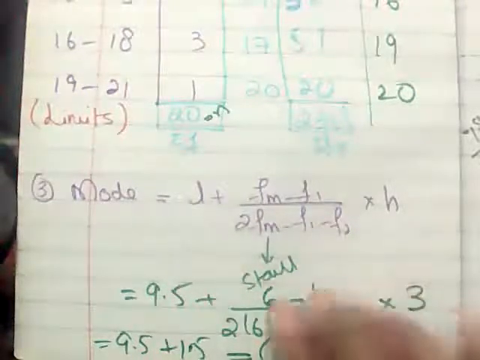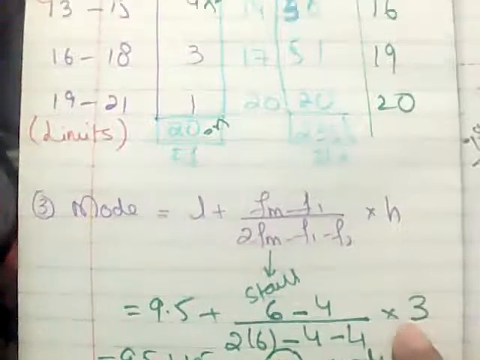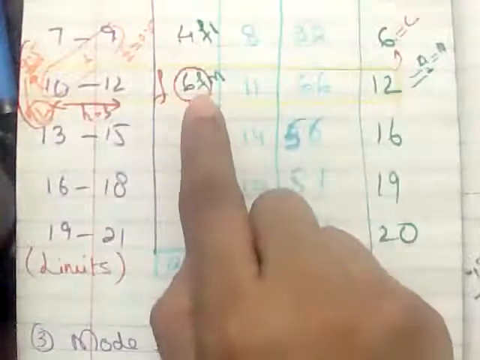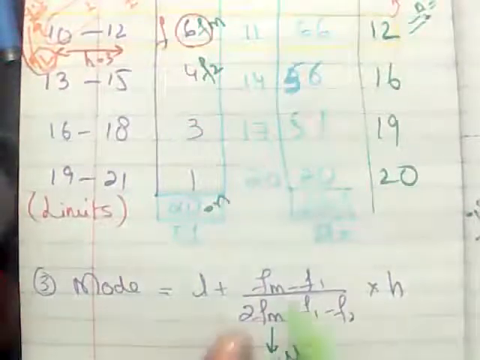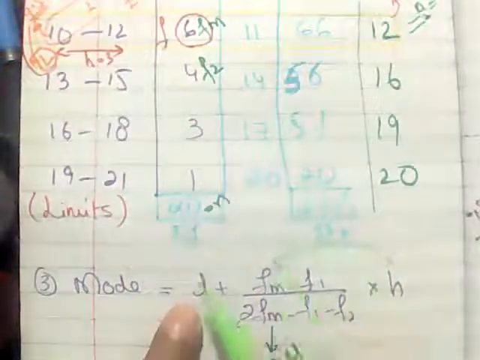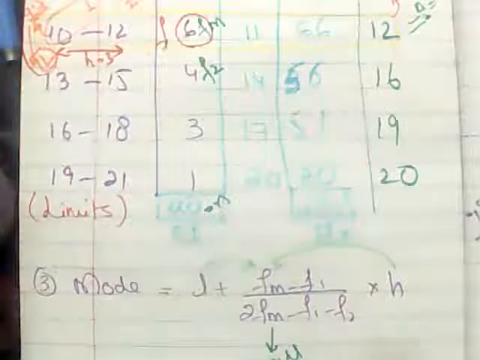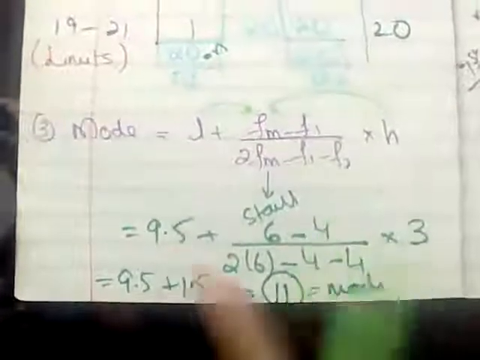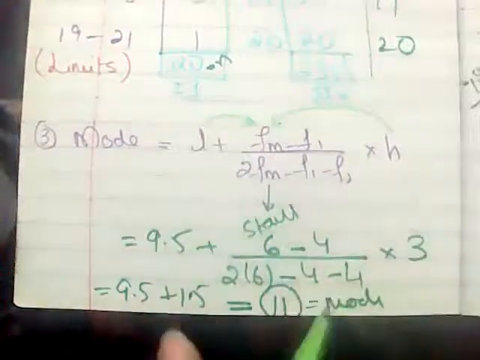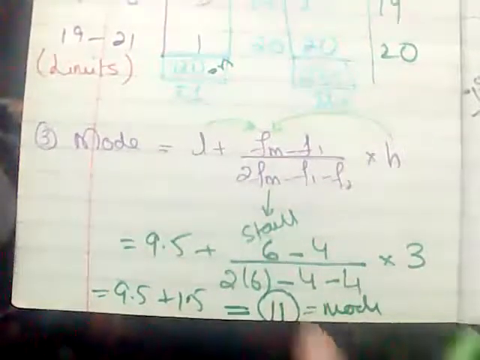Done this part. Now see this, h is again height, I just explained to you. Then again you will consider this h and this L of this FM class. So h is the height, which is 3, and L is the lower boundary, which is 9.5. Put the value here. Solve it in the calculator, you will get the mode. Mode is 11 here.